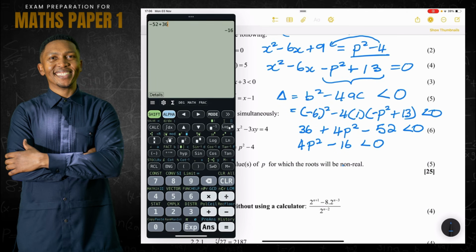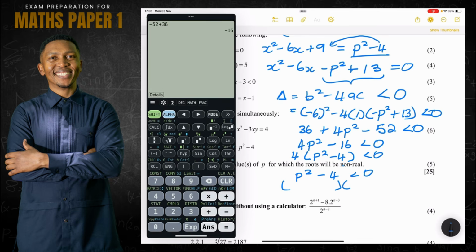Now note once again, we've got an inequality. If we divide by 4, we're left with p² − 4 < 0, and you can divide by 4 on either side. Now remember, what does this look like?